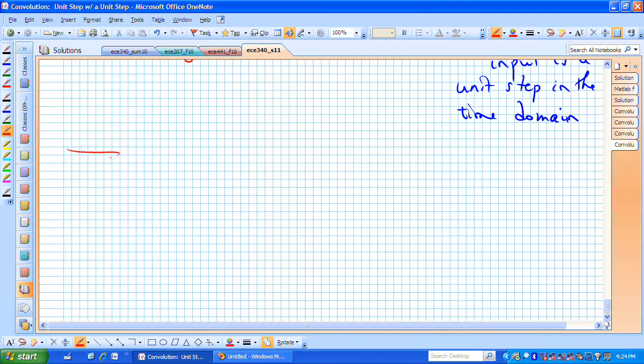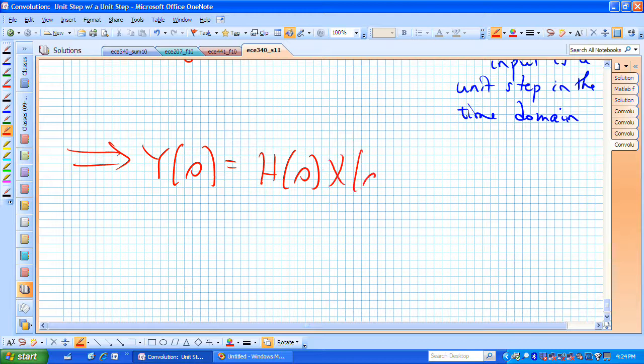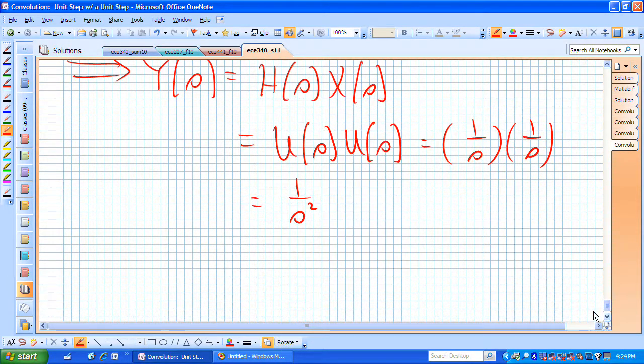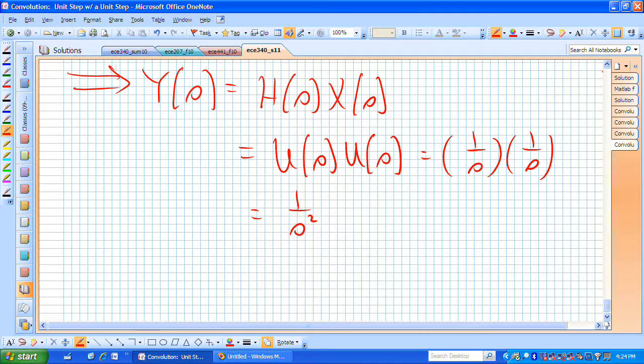Now this allows us to find the answer fairly quickly. We know that the output Y of s is just the product of the two transforms, H of s and X of s. H of s had a transform of u of s. X of s had a transform of u of s. Each of those had a 1 over s, so the output Laplace transform is now 1 over s squared.